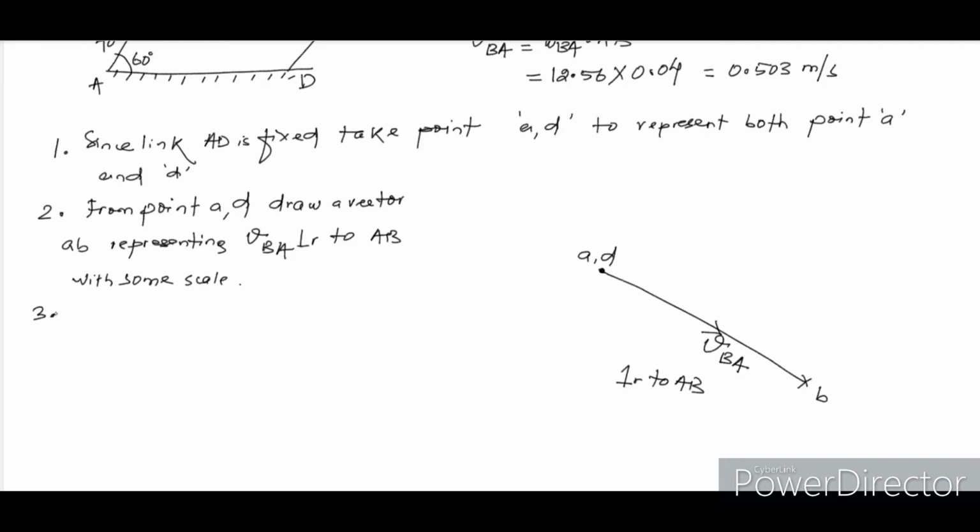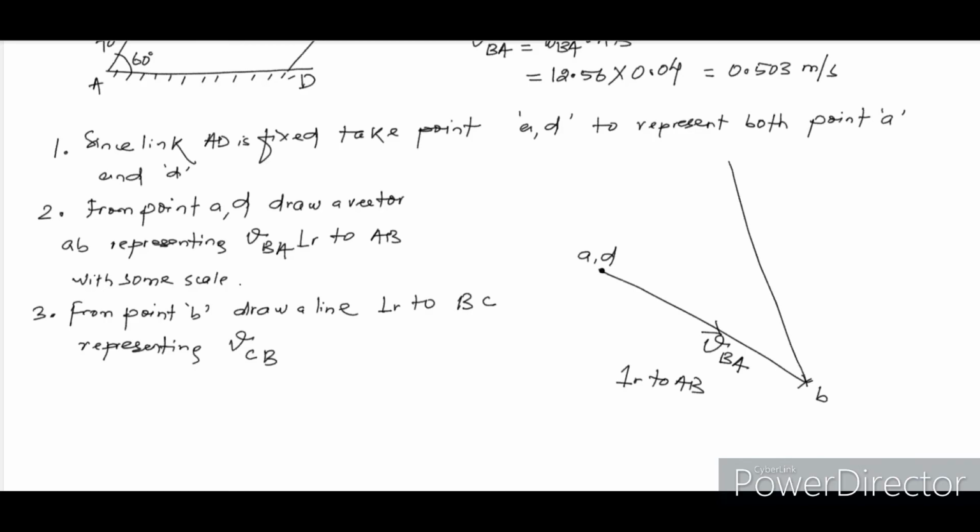Third step: from point B, draw a line perpendicular to BC, representing velocity of point C with respect to B. We don't know the magnitude.